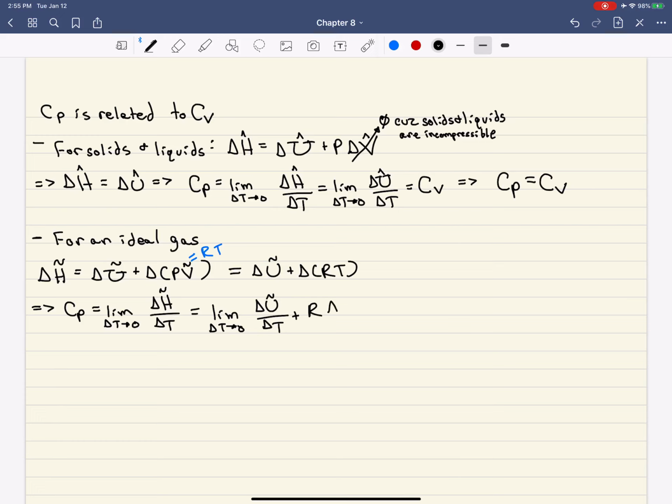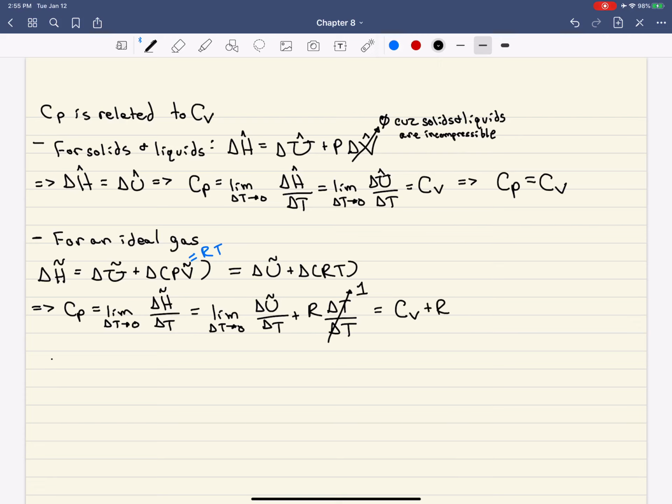And what we have instead is delta T over delta T. Clearly that's equal to 1. And so in our relationship, we have this thing, which we know is equal to CV. And then we just have R.